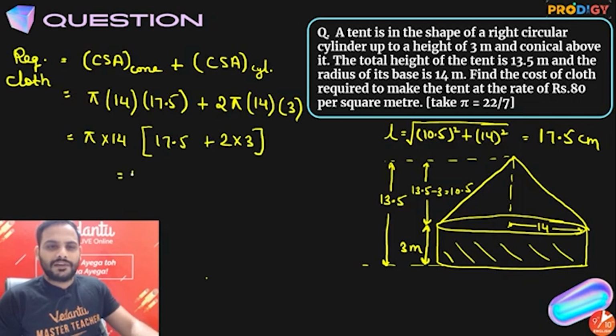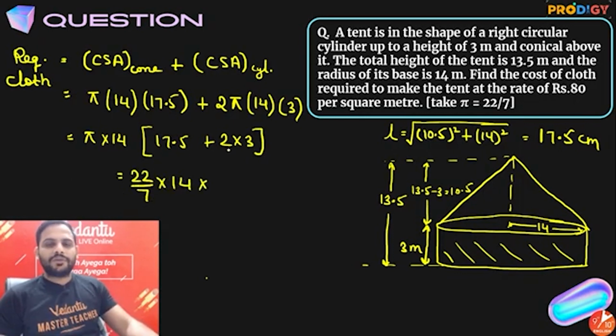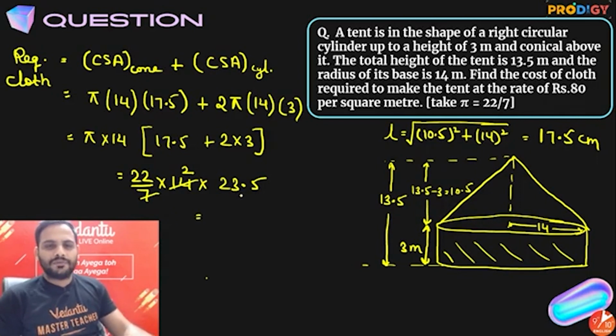So finally it is 22 by 7 into 14 into 6 plus 17.5 plus 6 will be 23.5. So 7 ones are 7, 7 twos are 14, and it is going to be 23.5 into 2 will be 47. 1078 meter square, not centimeter. 1078 meter square.